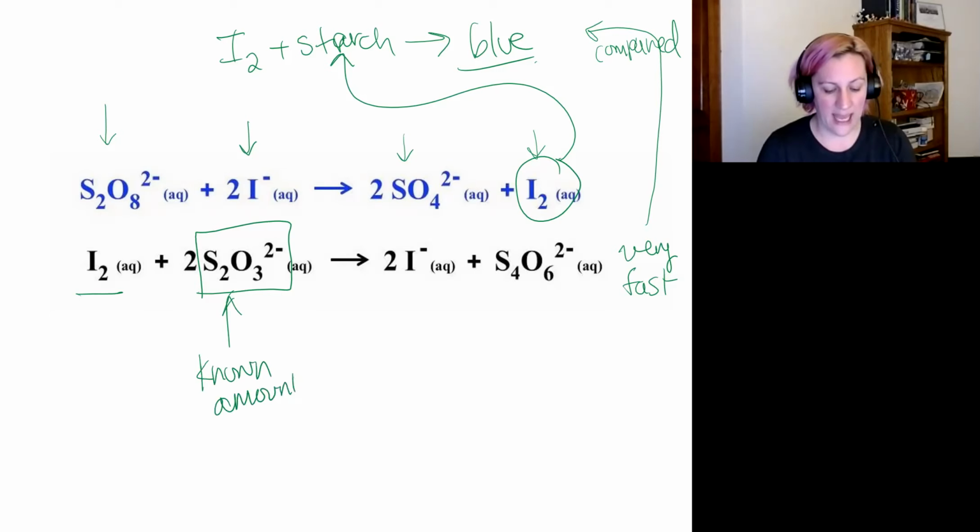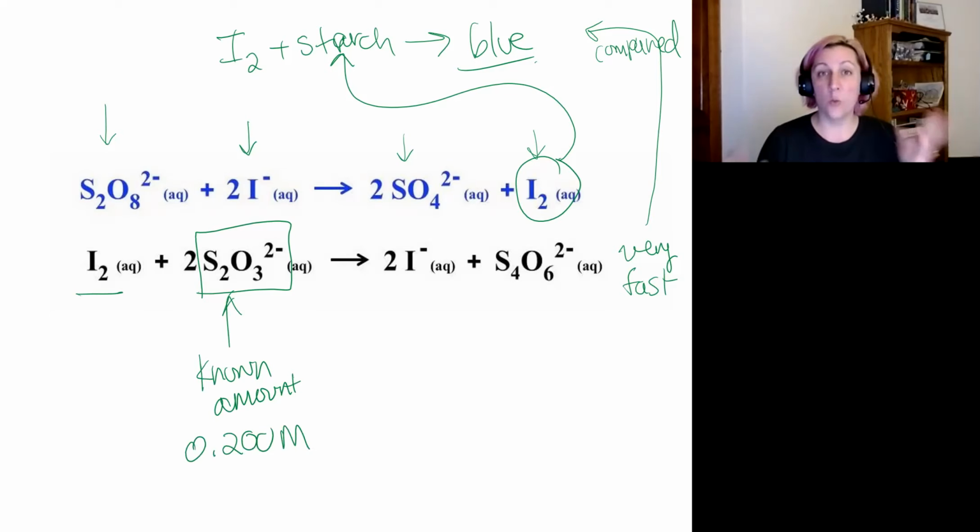And in our lab, we make sure there's a concentration of 0.2 molar. Now this is a 1-to-2 ratio with the iodine. So that means if we have this reaction take place, all the iodine that's produced will quickly react with the S2O3 until there is no more S2O3 left.